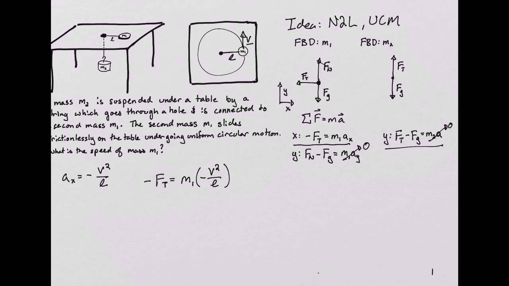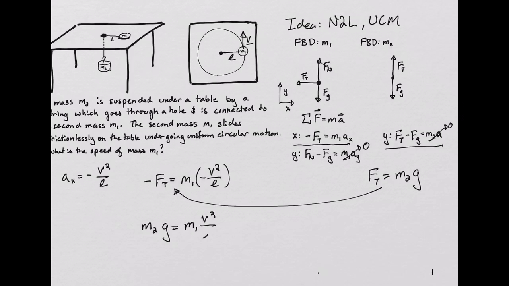The force due to tension is going to be M2 times g, the acceleration due to gravity. Substituting that into the other equation, this gives us M2 times g is equal to M1 times v squared over L.